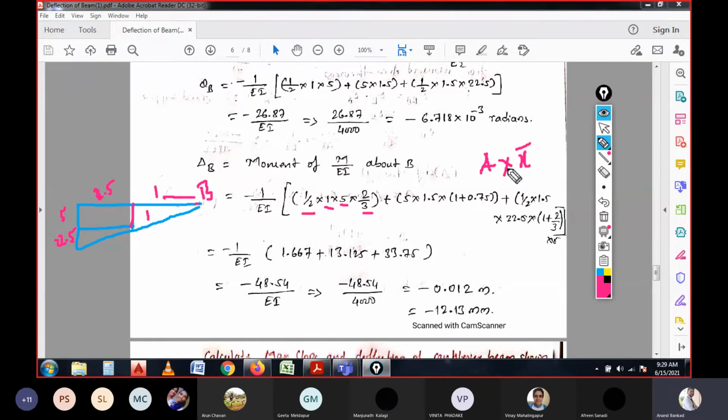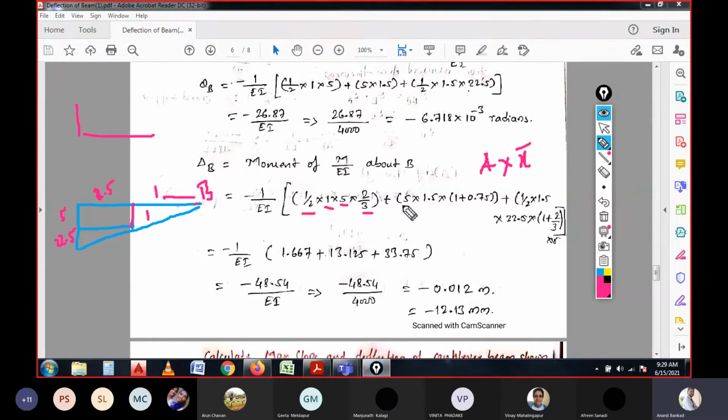X bar is considered CG which is in X direction. In X plane we are measuring since it is X bar. So area is half base into height, from the tip it is two-thirds, since 1 by 2 into 1 into 5 into 2 by 3.